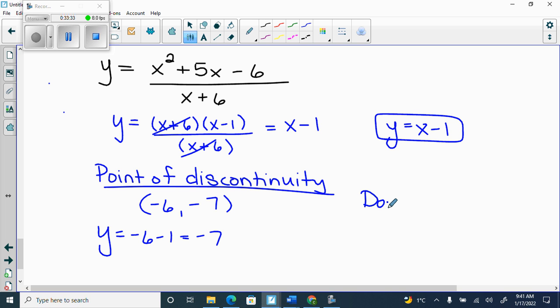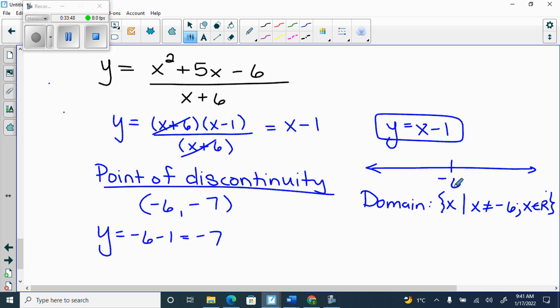And our domain would just be x such that x can't equal -6, x an element of the reals. Now, if they wanted that in interval notation, not equaling -6, if you look at it as a number line, you have an open dot at -6, but you have everything this way and everything this way.